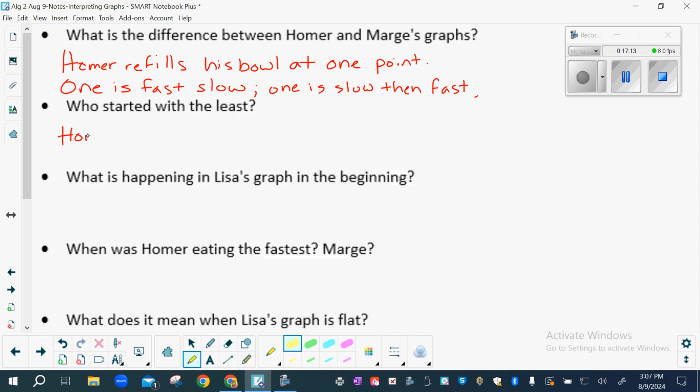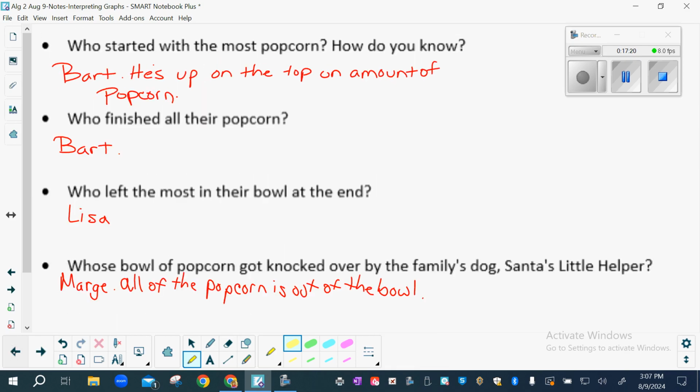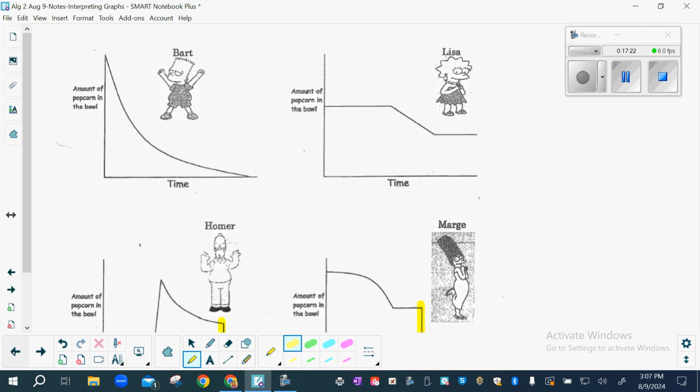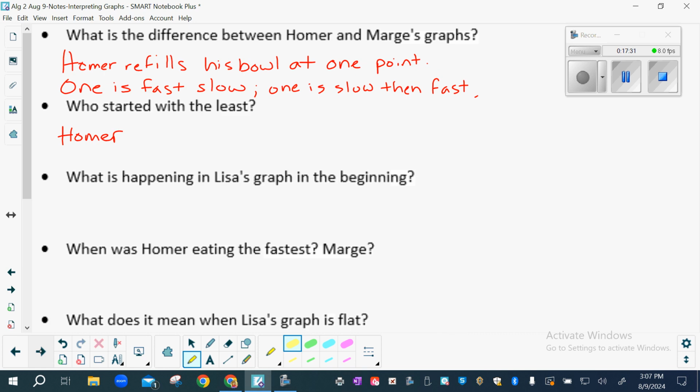And then what is happening in Lisa's graph in the beginning? What's this flat? What does that mean? She's not eating any popcorn. So what might be an explanation for why she wouldn't be eating any popcorn?